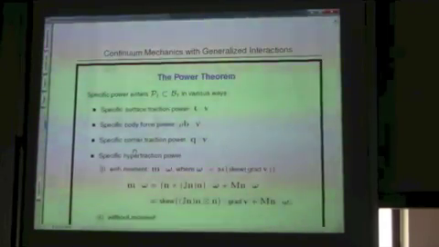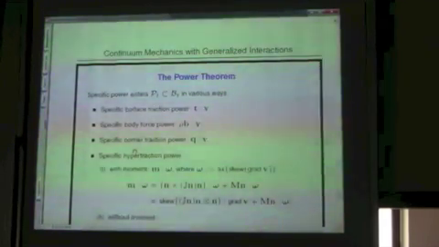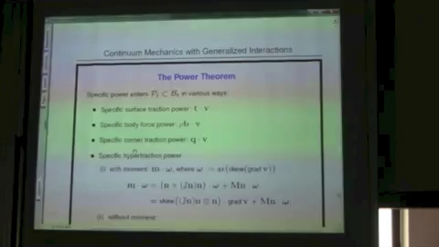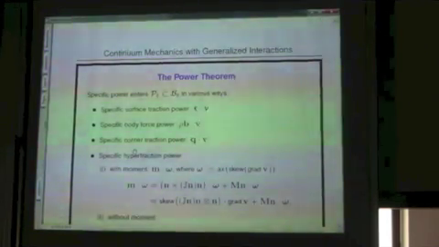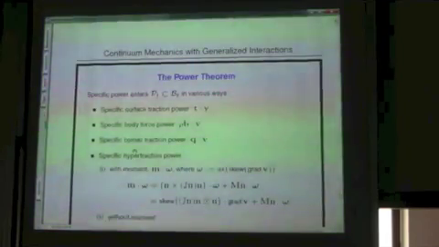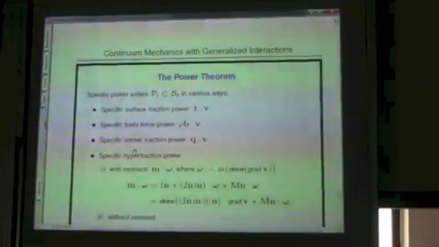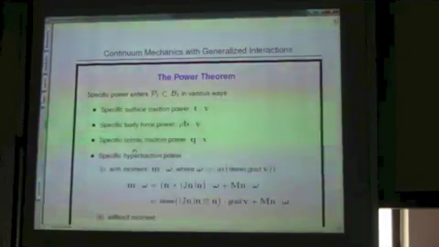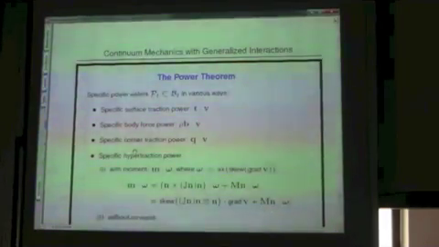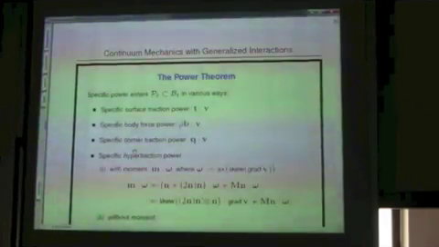Whereas in the principle of virtual power, J and T are assumed up front. They are in the internal power that is laid down in that theory.